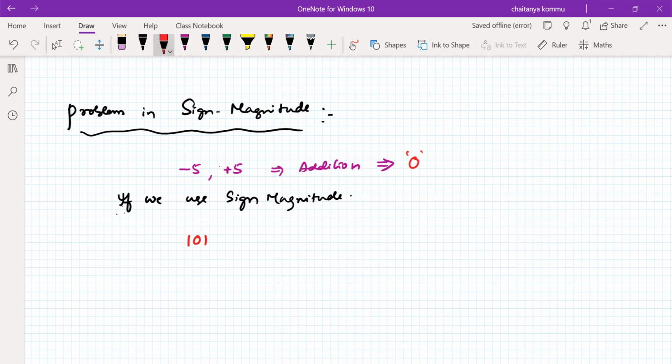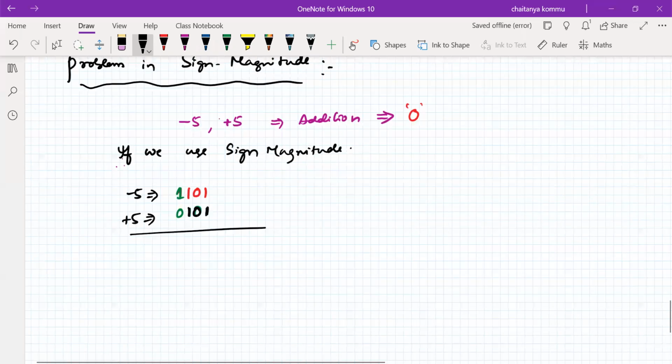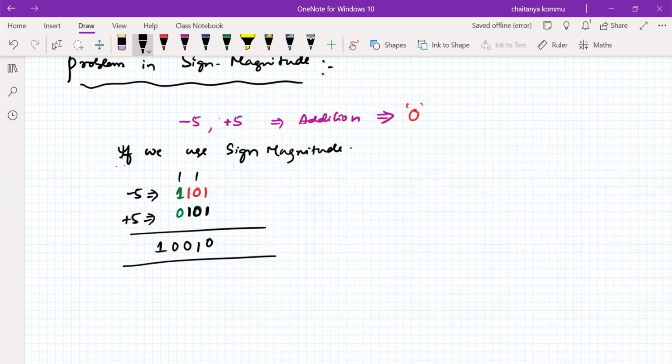For minus we should use 1, and for plus 5 we use 0. So plus 5 is 0101 and minus 5 is 1101. Adding these, what is the value? Is it the right answer? Is it equal to 0? No. Therefore, this is the problem with the sign magnitude representation.